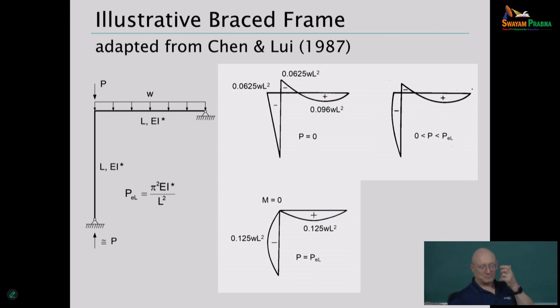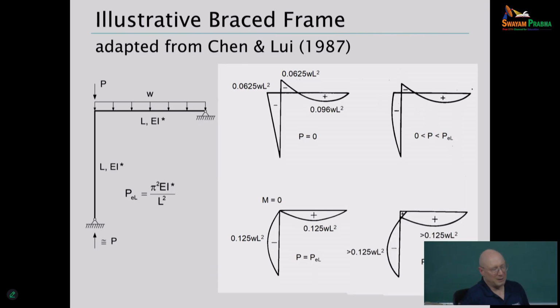So this is a situation, at some extremes, where you have to be careful. We say, oh, this beam needs to be designed for larger moment because of second order effects. The moment amplifier is not going to give that to you.